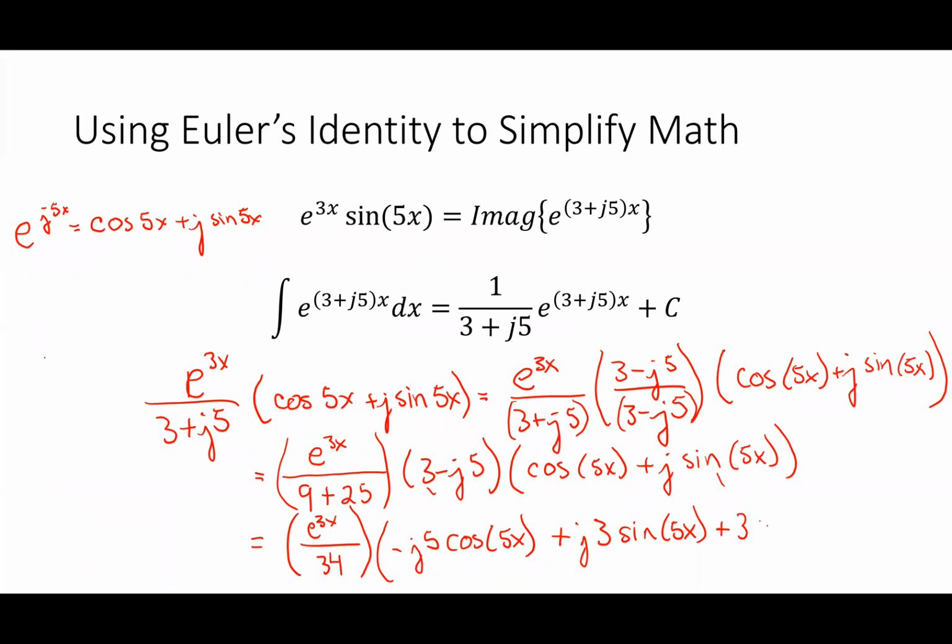It'd be plus 3 cosine 5x. Let me do that. And minus j5 times j is going to be plus 5 sine 5x. So these guys are the real parts. This is the imaginary part.